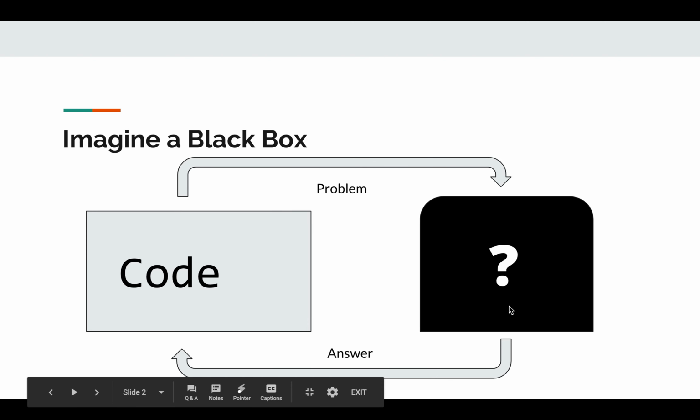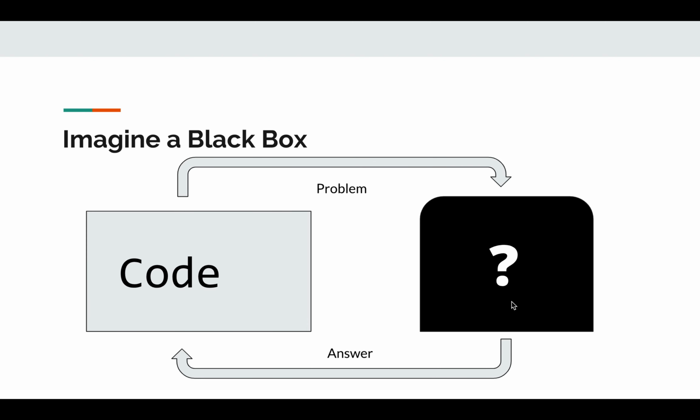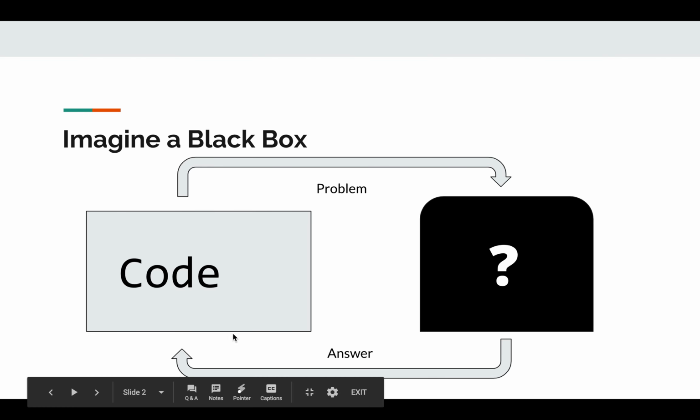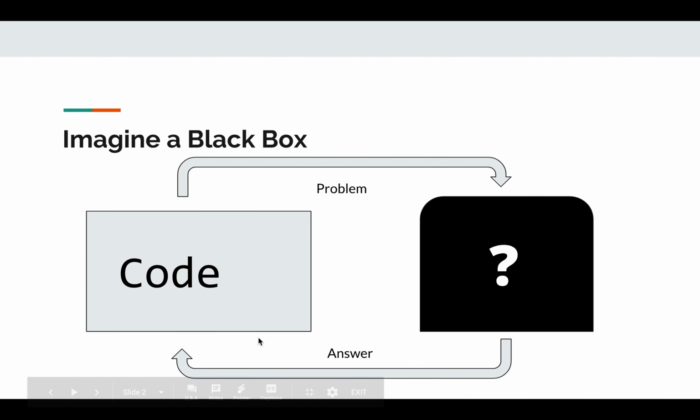That black box does some work, some calculations in the background that we don't really know, and then it sends back to the code the answer to that problem. So we don't know what happened over here, but some function took care of the problem and we got the answer back. Now obviously when we're coding our own functions, we do know how it solved the problem, but sometimes we use functions from other people.